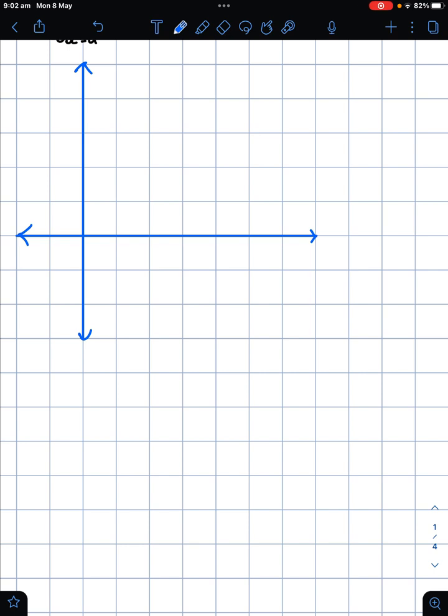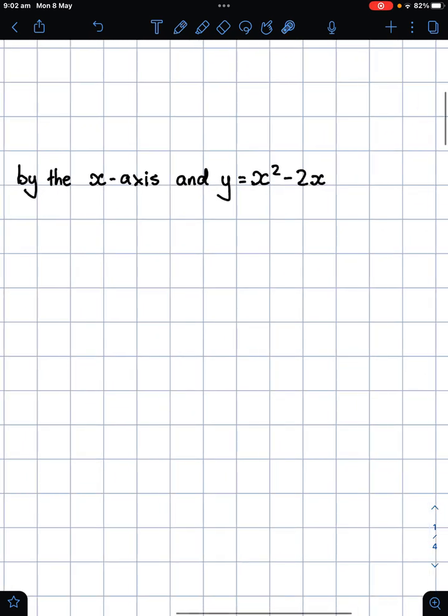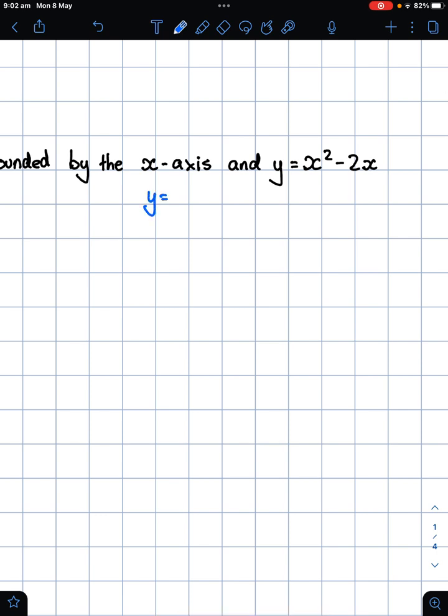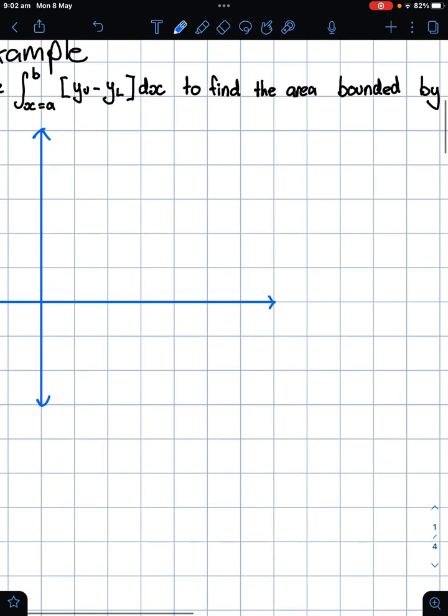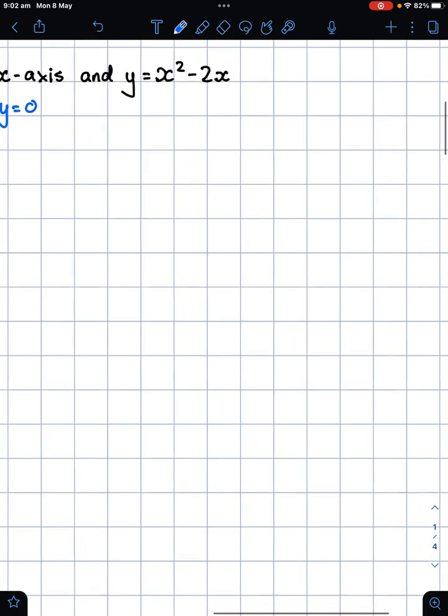Now, this particular one isn't too bad because it has the x-axis. So the x-axis has the equation of y equals 0. It means one of our functions here is y equals 0, and then we're looking at our other function, which is x squared minus 2x.